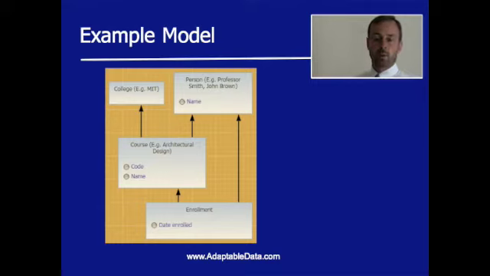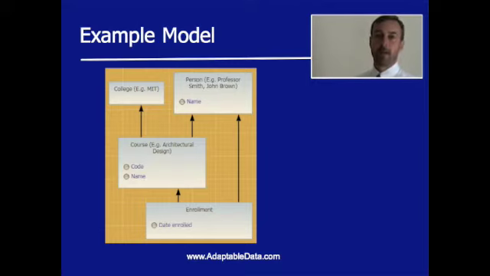So when we talk about time in a model like this, here's the semantics that are implied by the modelling notation I've adopted. The course has a code and a name, and over a period of time it's possible for a particular course to change, for example, its name.